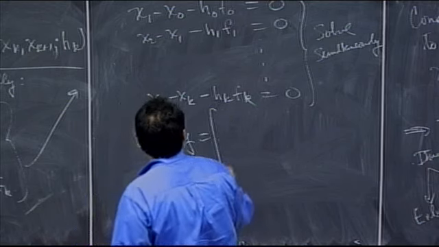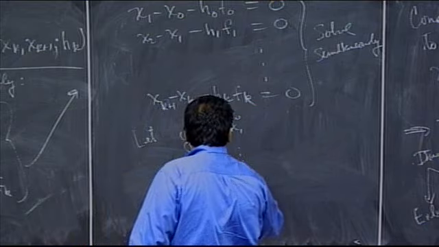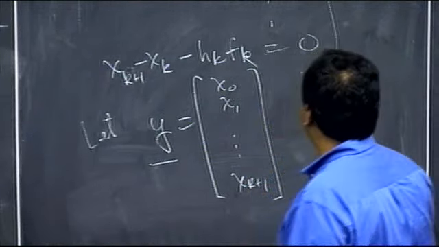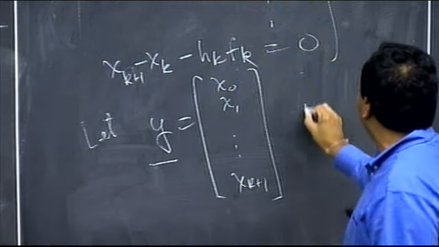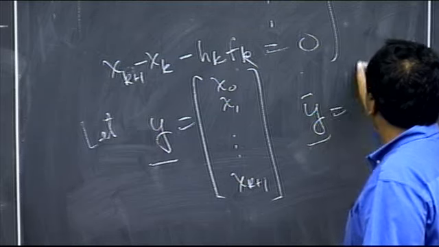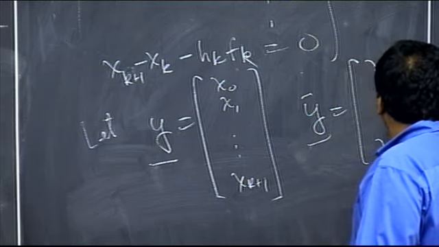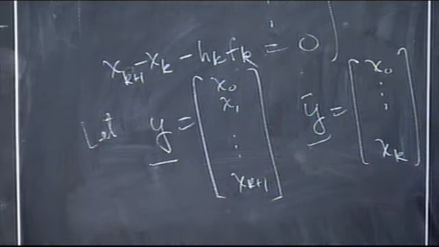It's going to equal x0, x1, all the way up to x(k+1). And you could say that I can call it y tilde if you want to, equal to x0 up to xk. So what you can see here when you write this is you get a system.